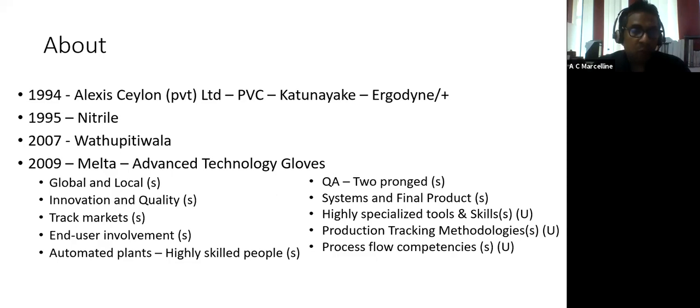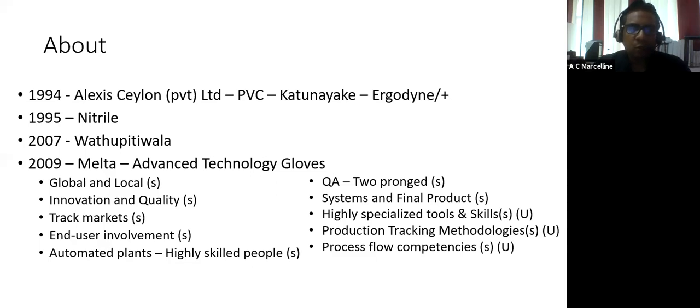They talk to people who are using these gloves, in medical areas, other general areas, automated plants. That means they have highly skilled people, because the people working with the automated plants, those in charge of those plants, have to be highly skilled.